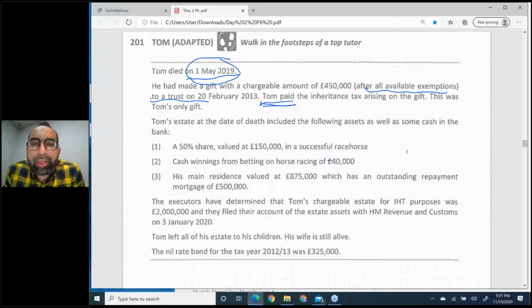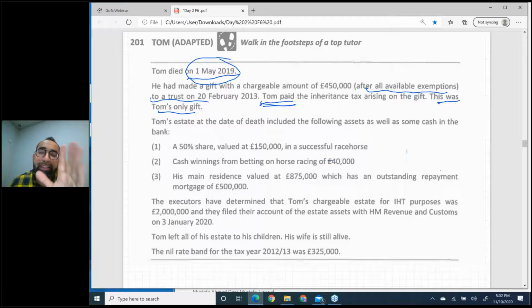I'm not going to read the complete question. I'm going to solve the first part. You can see on the screen he had made only one gift, Tom's only gift. That means in his whole life this person did only one thing.